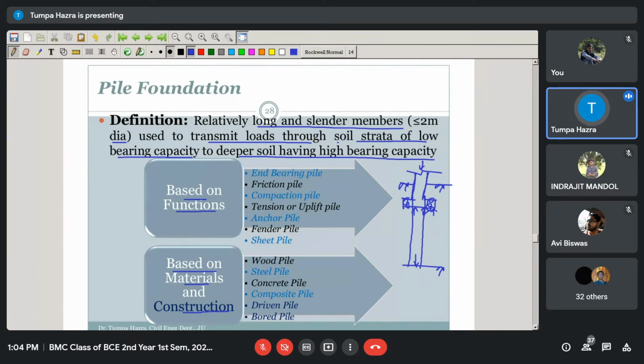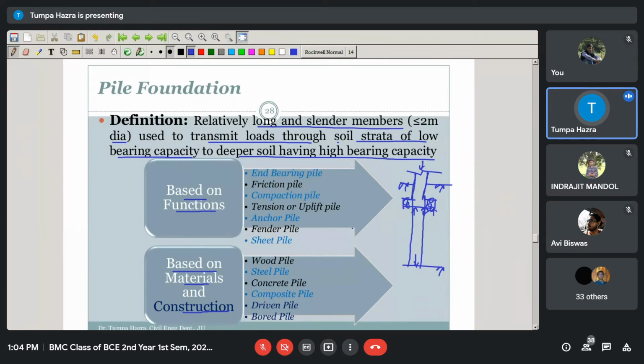So, pile foundations are categorized into different groups based on the function, based on the materials of the construction, and based on the method of the construction.